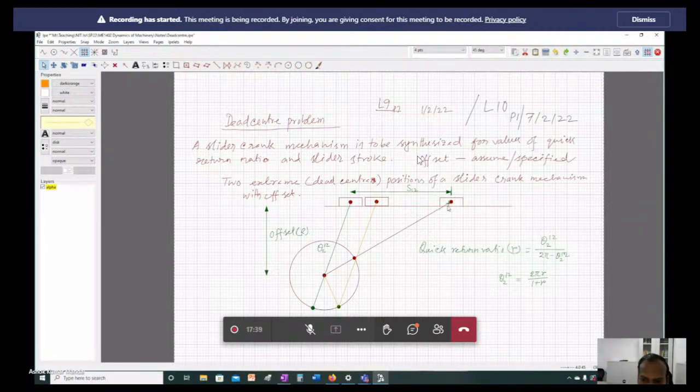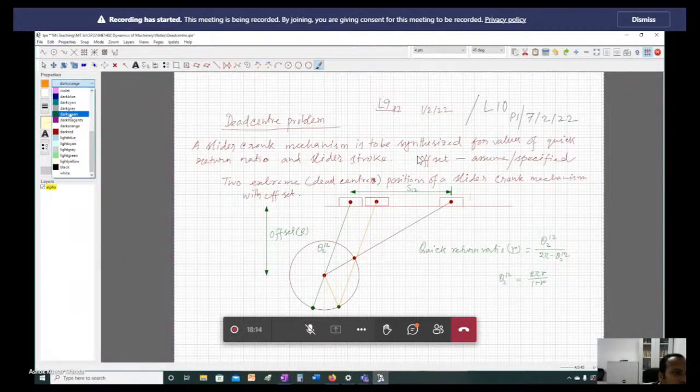For this extreme point, you can see that the crank and the coupler are collinear. On the other hand, for this extreme point also, the crank goes from this point to this point, and they are coinciding. I have not drawn the crank. The crank is from this point to this point and the coupler is from this point to this point. Let us call this point B1 and this is B2.